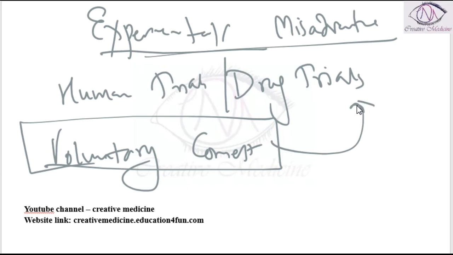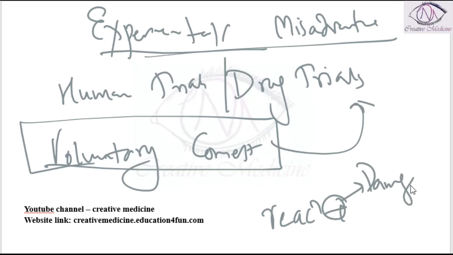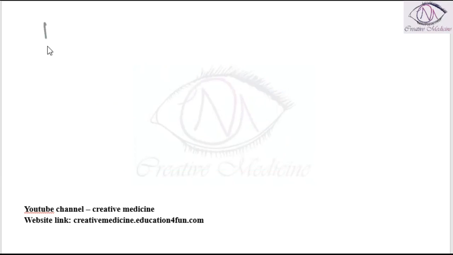If during this trial the patient develops some reactions leading to damage, then the doctor is not responsible because the doctor has already explained everything about the adverse effects of the drug prior to the trial. Ninth, novus actus interveniens.